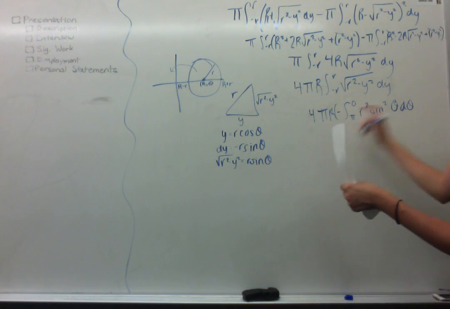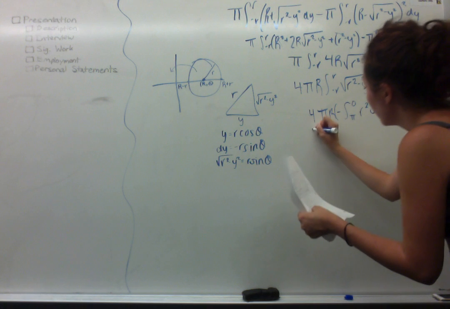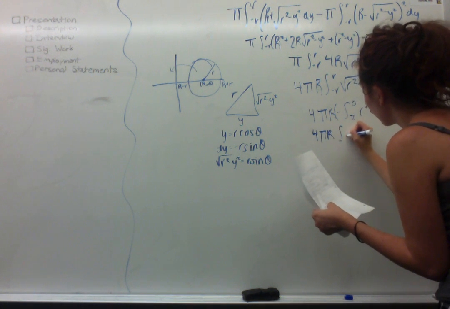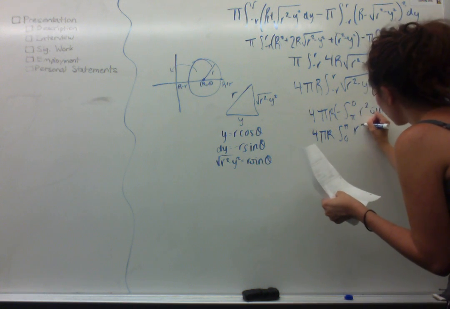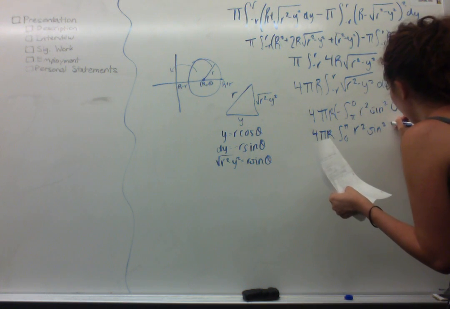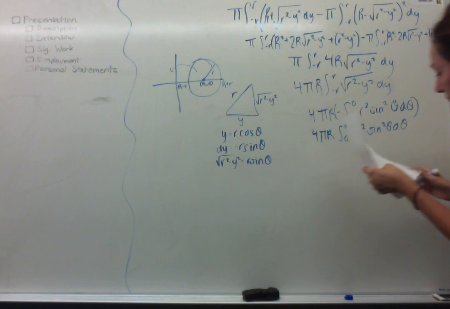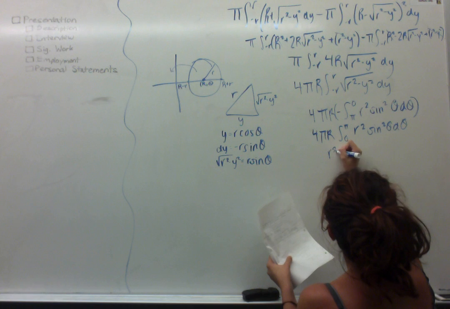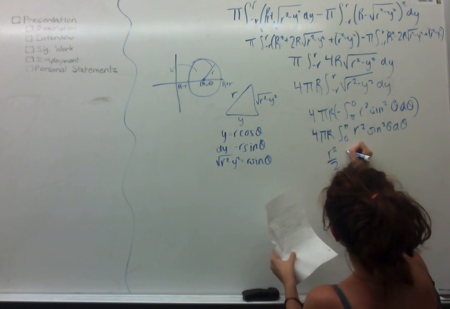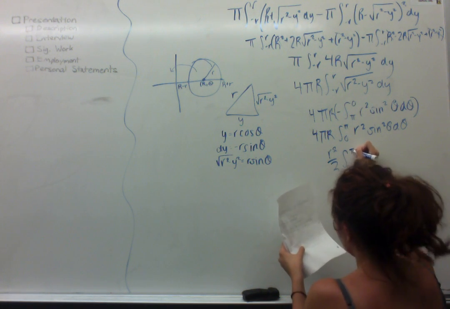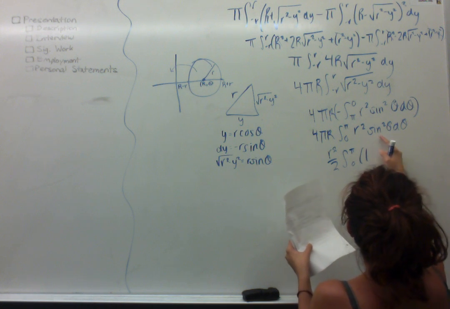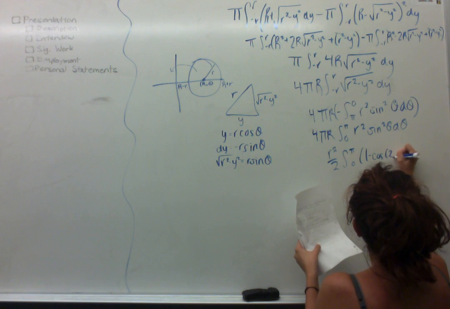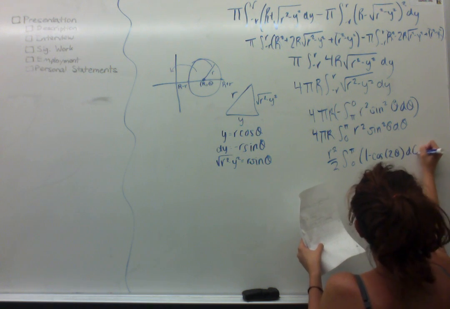Now we're going to get rid of this negative by flipping the limits of integration and doing 0 to pi of r squared sine squared theta d theta. Now, this r squared we're going to pull out, so r squared over 2, and we're going to use the Pythagorean identity to turn this into 1 minus cosine 2 theta d theta.